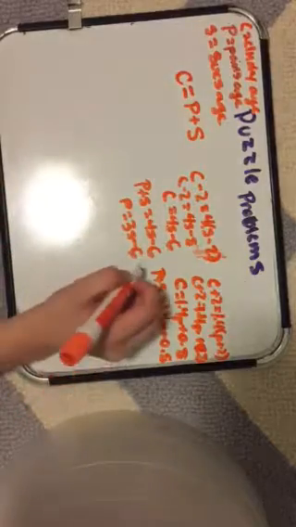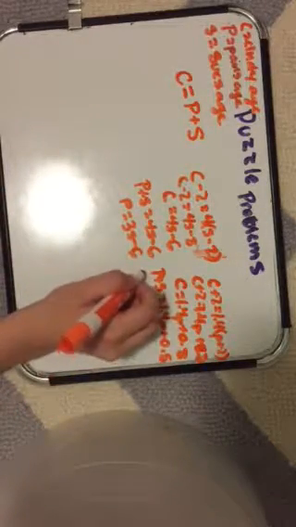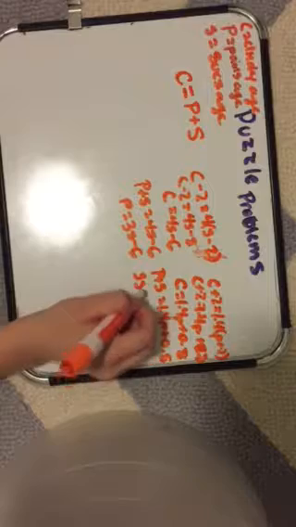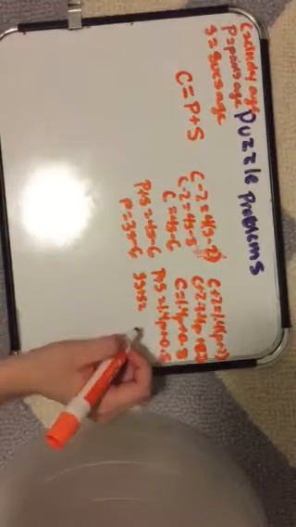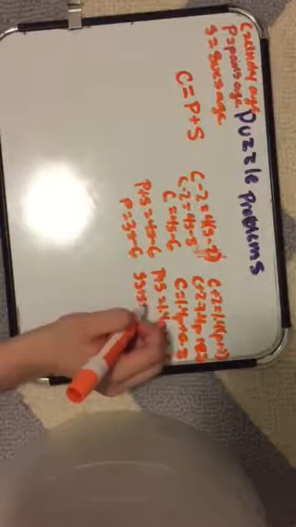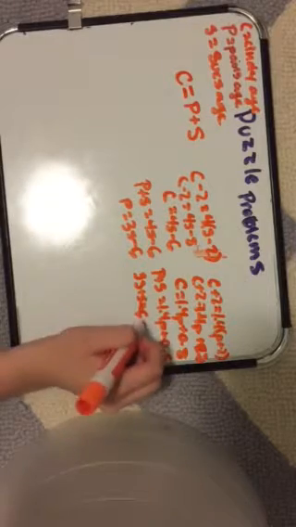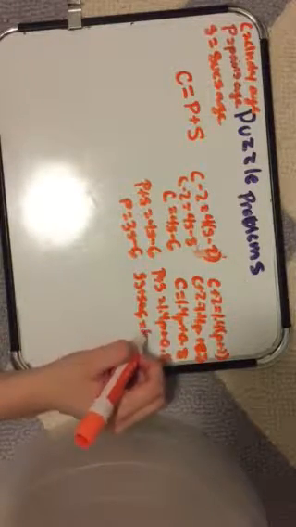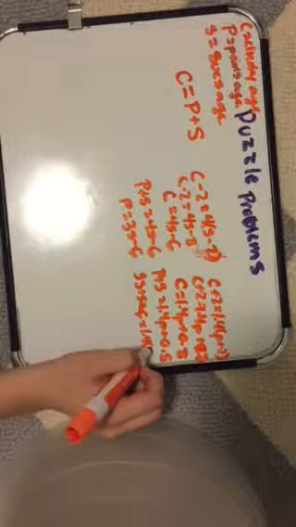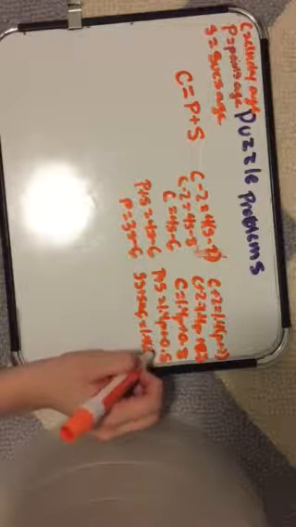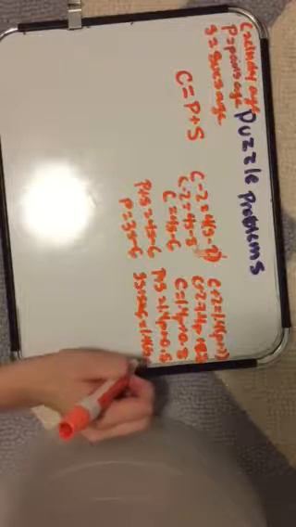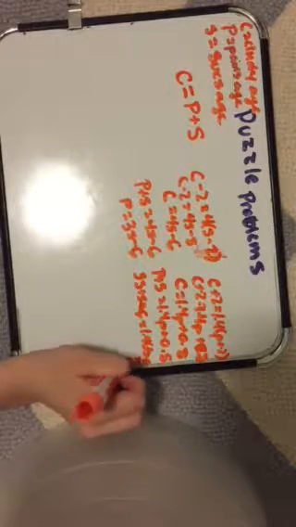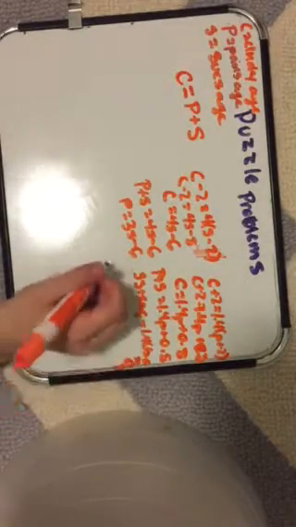So then we can say that 3S plus S minus 6 equals 1.4 times 3S minus 6 plus 0.8. I'm sorry for the sloppiness right there.